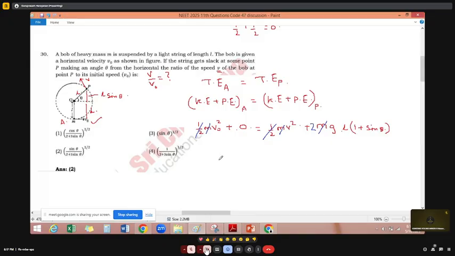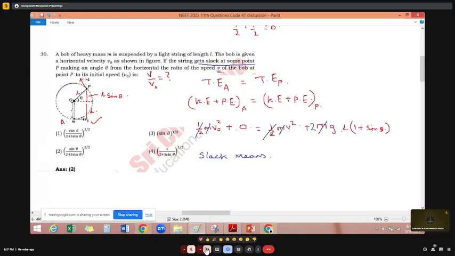Okay, so as I told you, they said slackened, right? Gets slack at some point P. So that means slack means tension is 0. These are all the issues, right? Only if you know this code word or trick, you can do this problem.